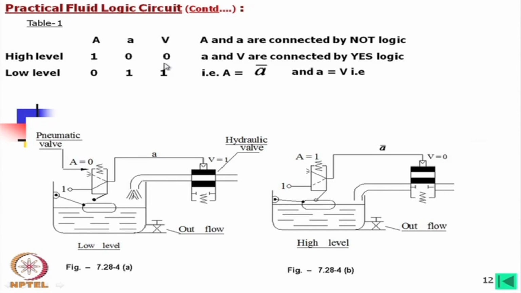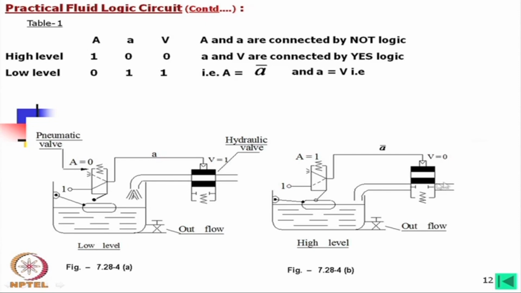Now, A is this device, A is the input, and the small a is the output, and then V is the input signal for the main valve. Now, high level A is equal to 1, then a is equal to 0, that is A bar, then the valve is also 0.